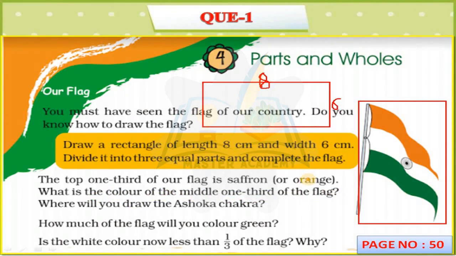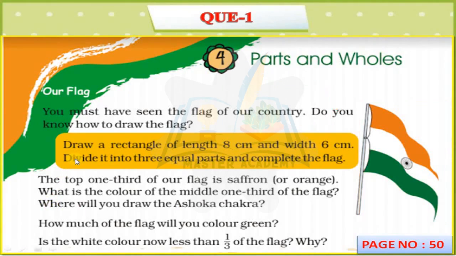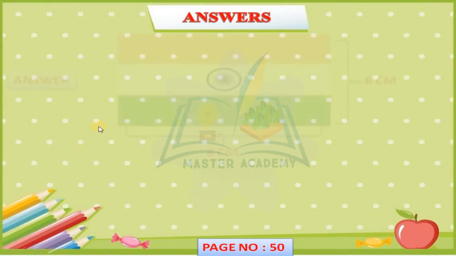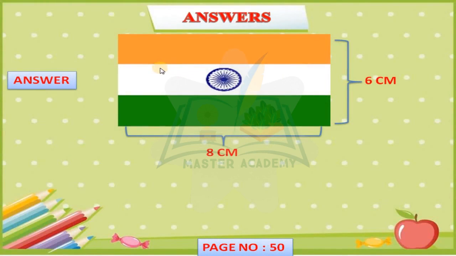So here, my dear students, we will move on to the second slide so you can understand better. Here I have drawn one flag, which is 6 centimeter wide and 8 centimeter long.